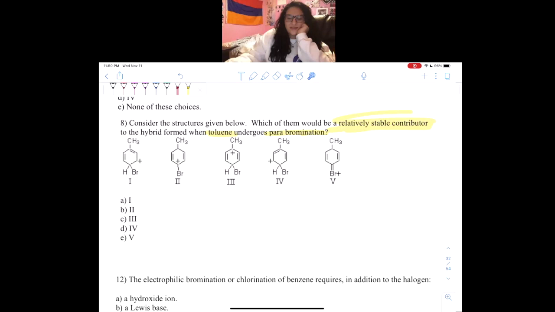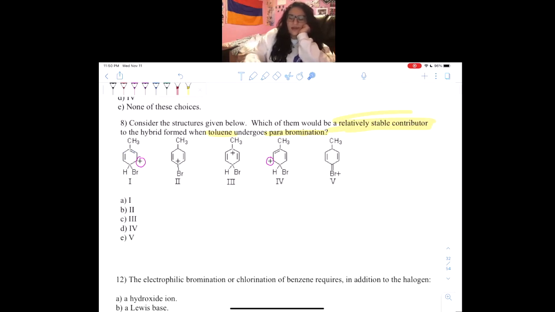So in this question, let's again look at the position of these plus charges. So we can see that these two structures are essentially exactly the same. The plus charge is meta to the methyl group. It's on a carbon, and we have these two double bonds in conjugation.